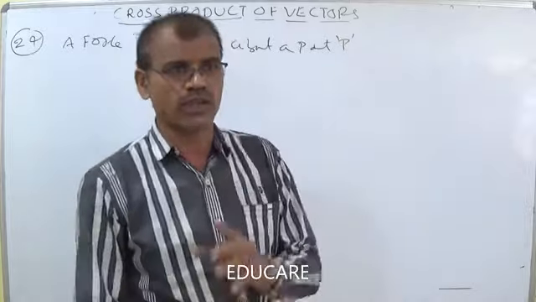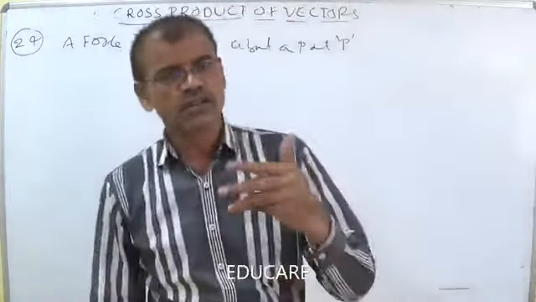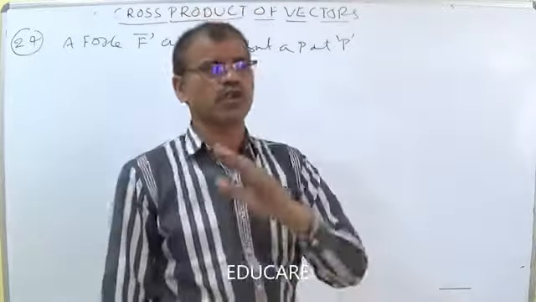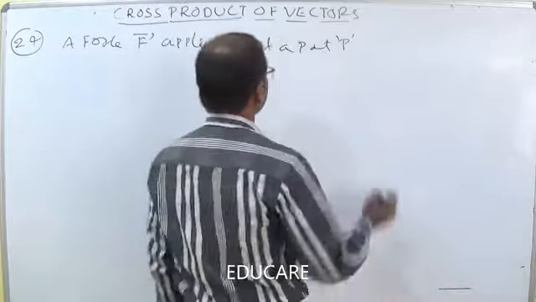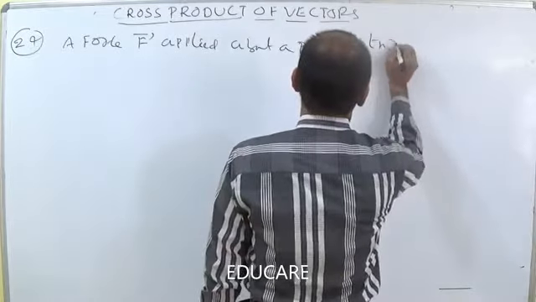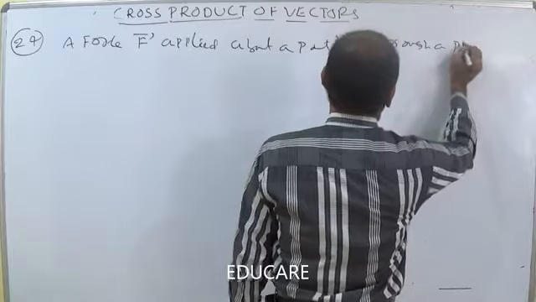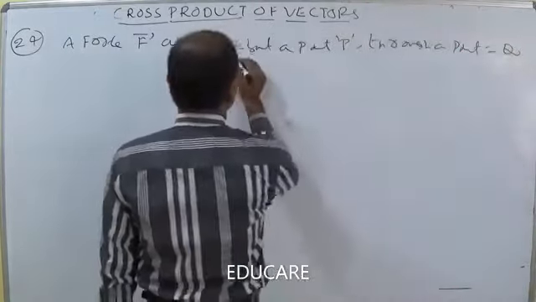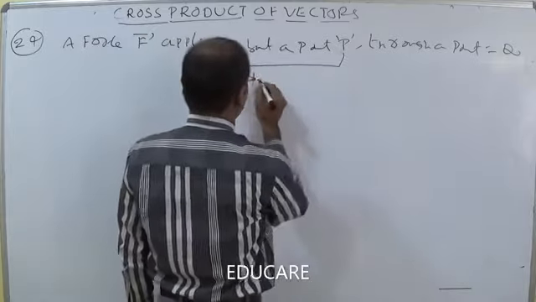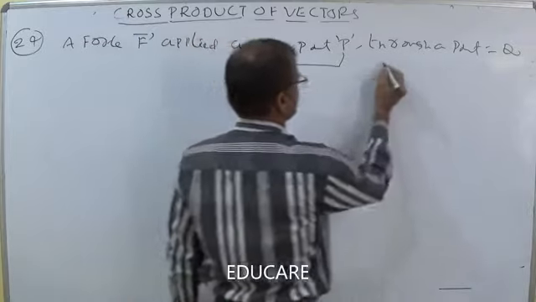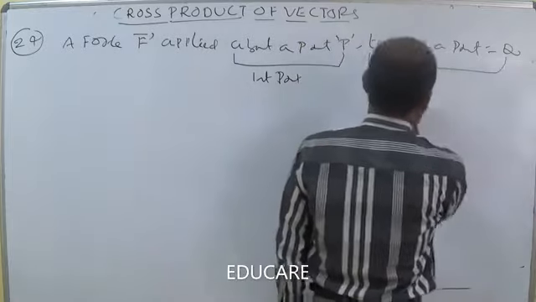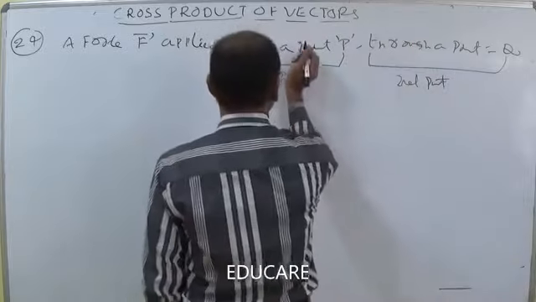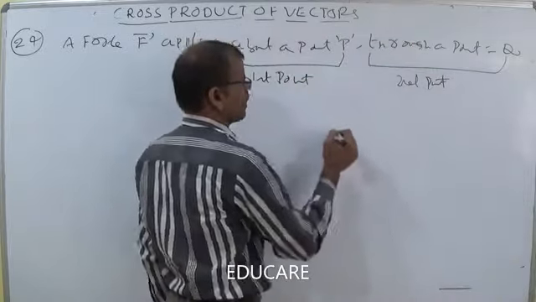Once again I am saying, don't forget: about a point you should take as first point and through a point you should take as second point. About a point P and through a point Q.